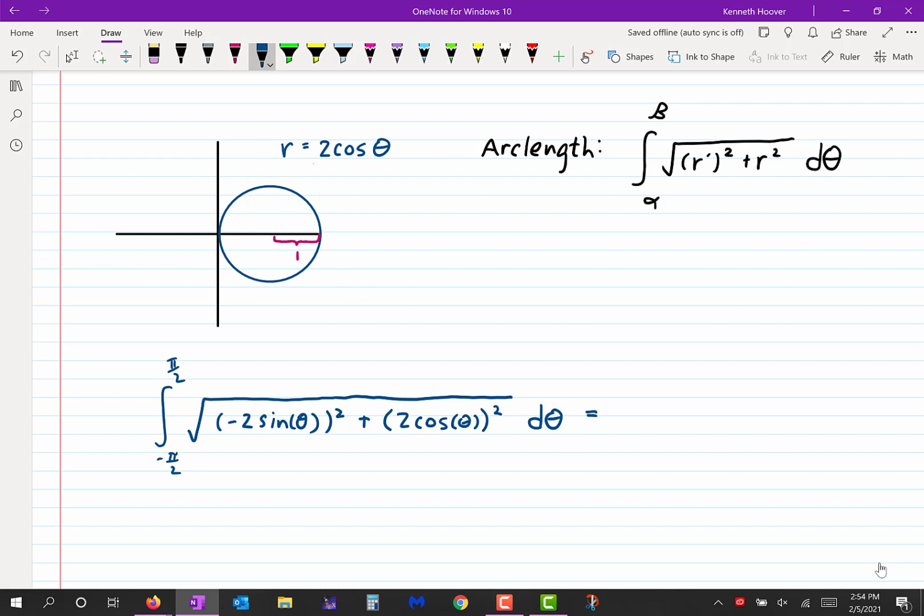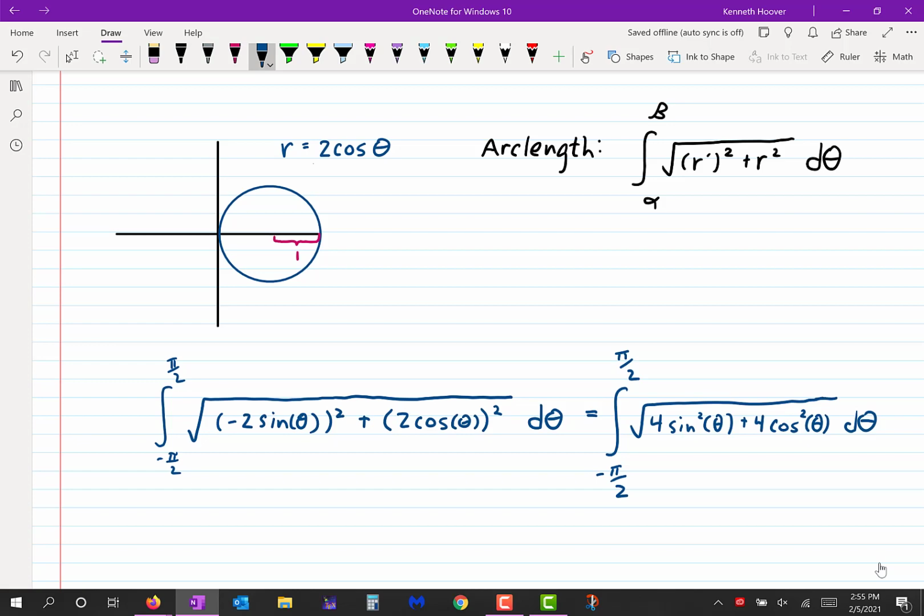What's that come out to here? Let's simplify that. So that's 4 sine squared plus 4 cosine squared, all inside of a square root.